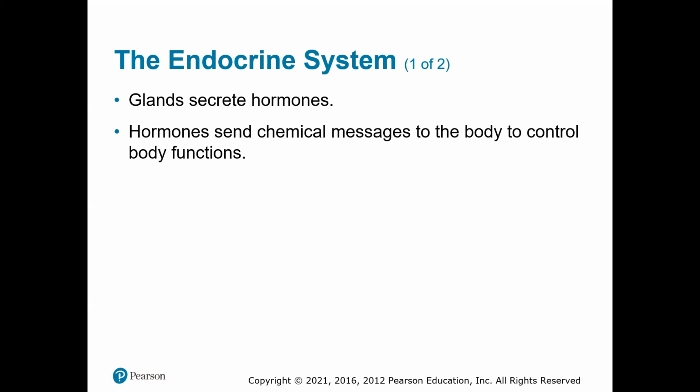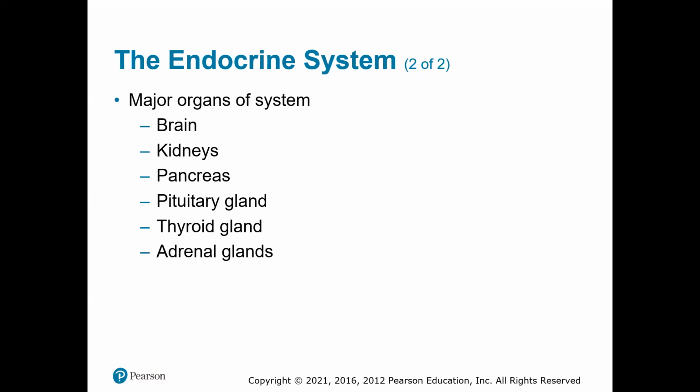That's part of the endocrine system. It's a gland that secretes hormones, so diabetes is included in the endocrine system. These hormones will send chemical messages to the body to control specific body functions. Major organs in this system include the brain, the kidney, the pancreas, the pituitary gland, the thyroid gland, and the adrenal glands.